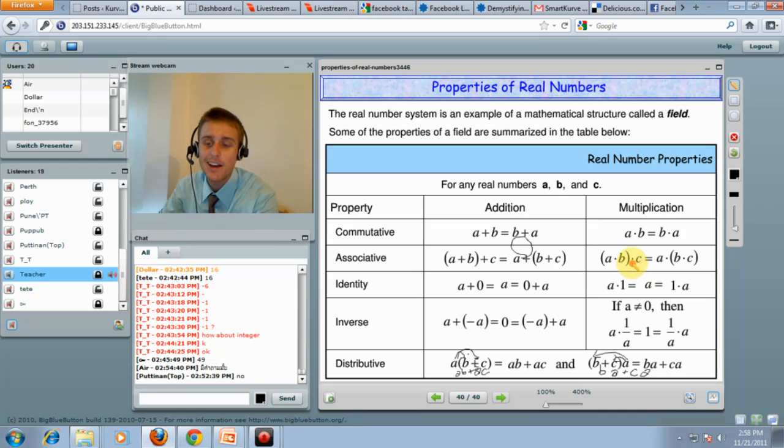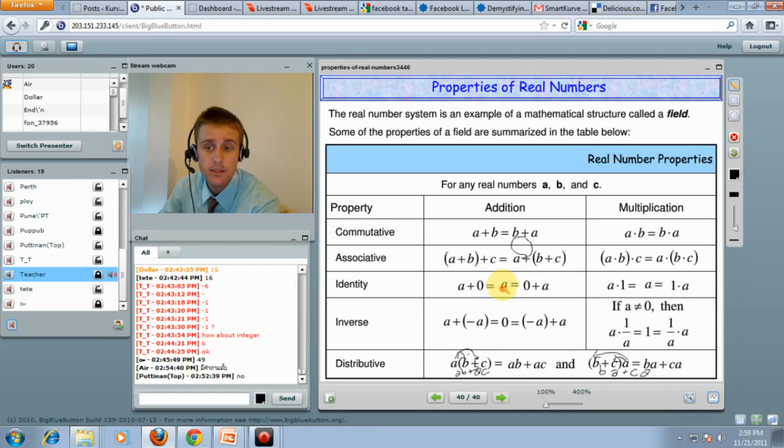Multiplication, A times B times C equals A times B times C. Identity: A plus 0 equals A equals 0 plus A. Multiplication, A times 1 equals A equals 1 times A.